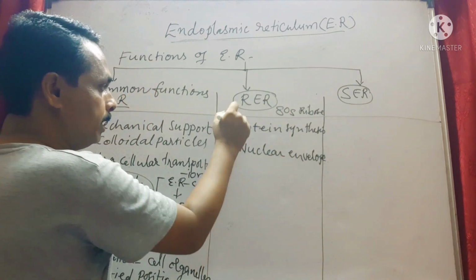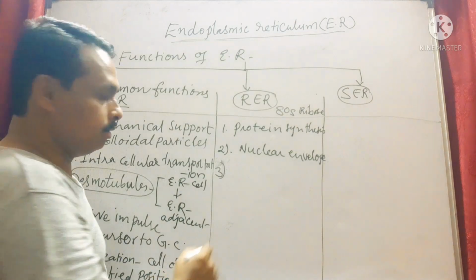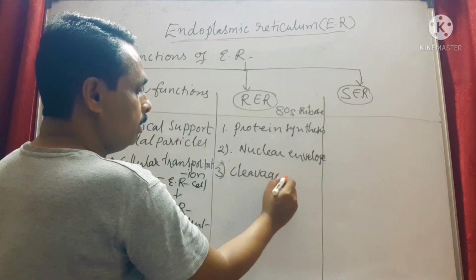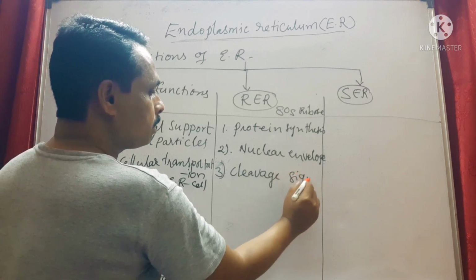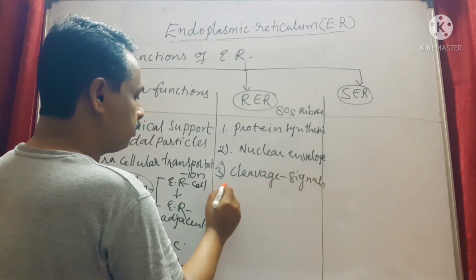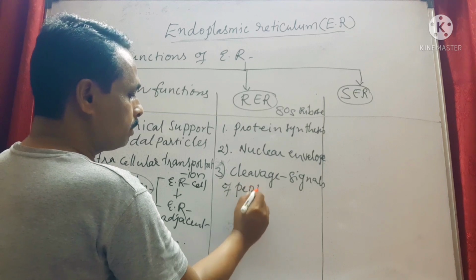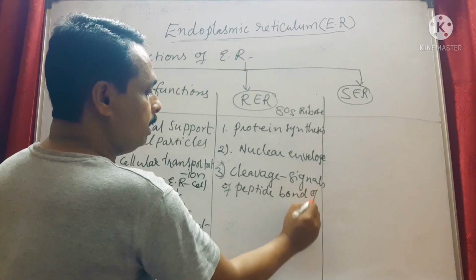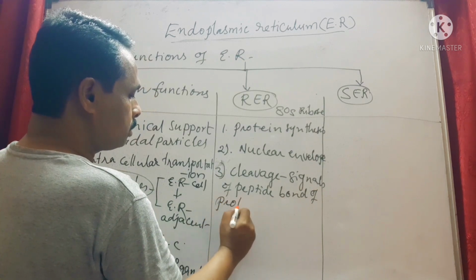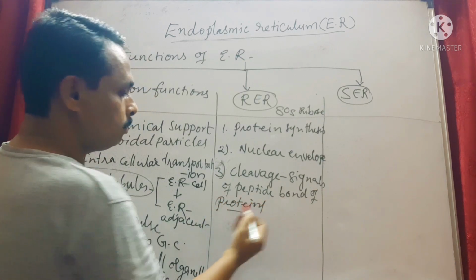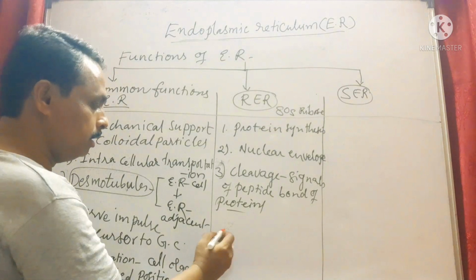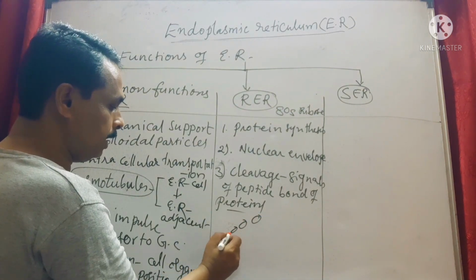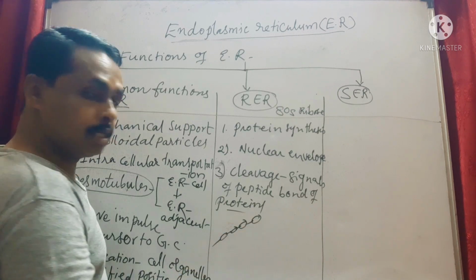And these rough endoplasmic reticulum are involved in cleavage of the signals of peptide bonds of proteins. So what will happen? Usually the protein structures are linear like this. These are all proteins, and peptide bonds are present.